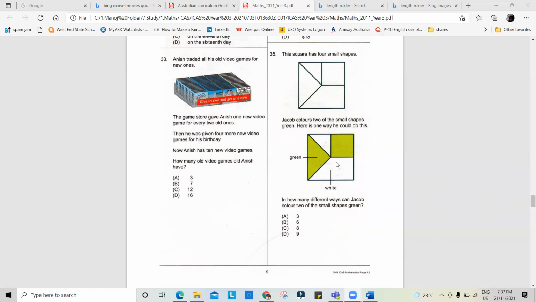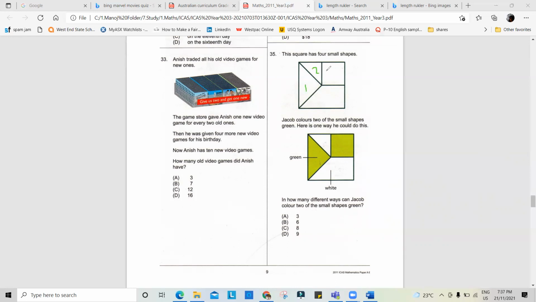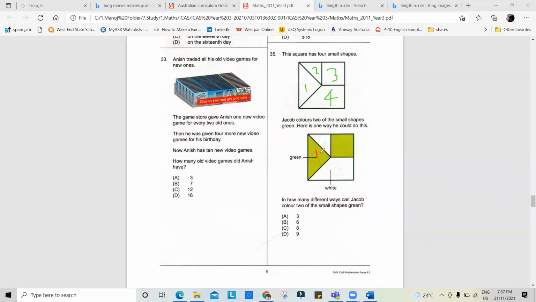Now, this is a pattern. What you do is you write 1, 2, 3, 4, right? Now, first one, you get the numbers. Now, this is he colors 1 and which shape? Number 3, right? Now, this kind of question we do by numbering how many ways we can do with the other numbers.